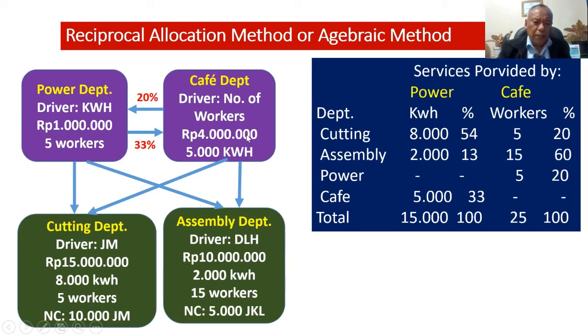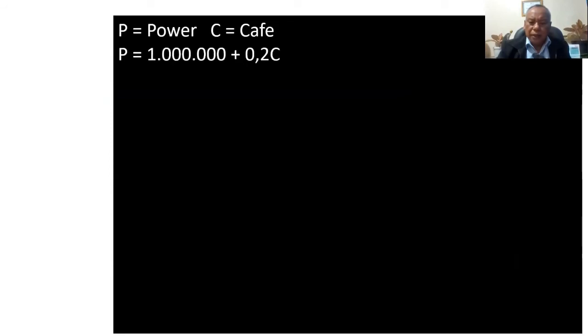So 4 million plus 33% of power department costs. So for example, P is power, C is cafe.